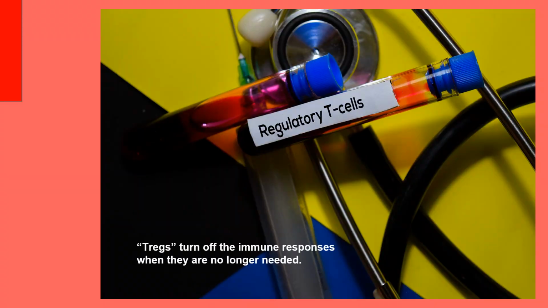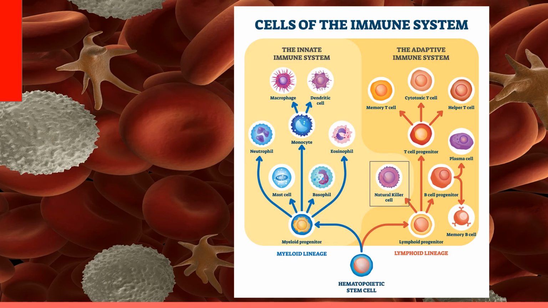Suppressor T cells are also called TREGs or regulatory T cells. These cells turn off the immune responses after invading cells or foreign tissues have been destroyed. Natural killer cells are specialized lymphocytes, which are part of the natural or innate immune system.